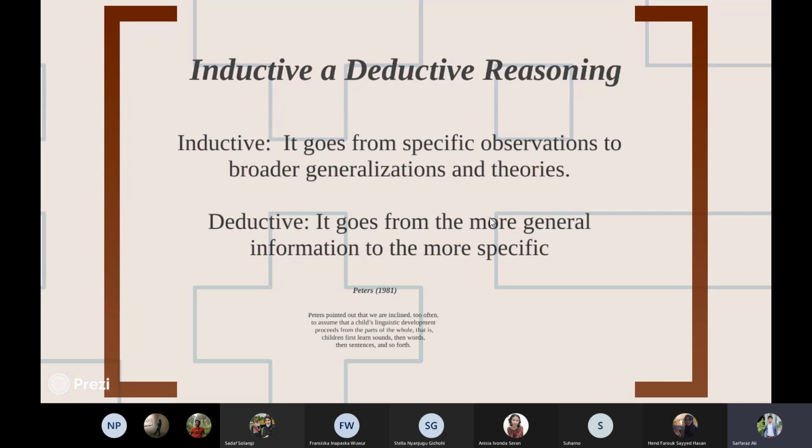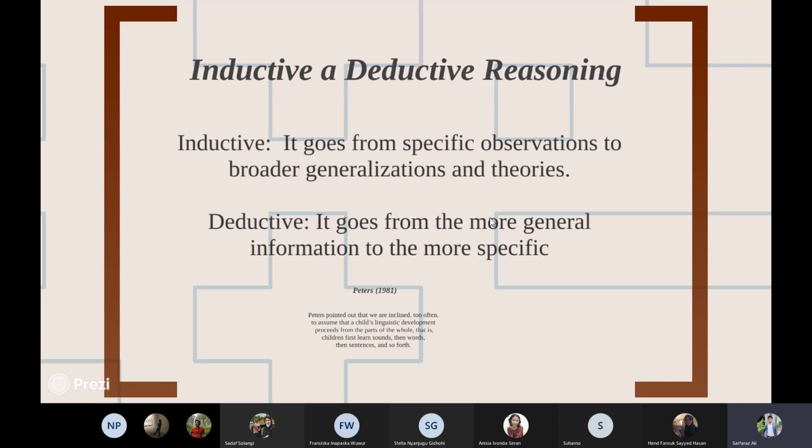There are also two other terms, inductive and deductive reasoning. Both are parts of overgeneralization. In inductive reasoning, we came to know that it goes from specific observation to the broader generalization in theory.